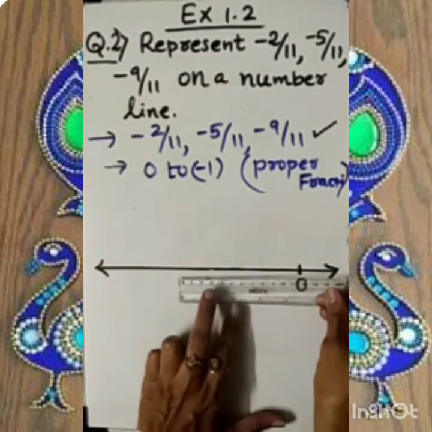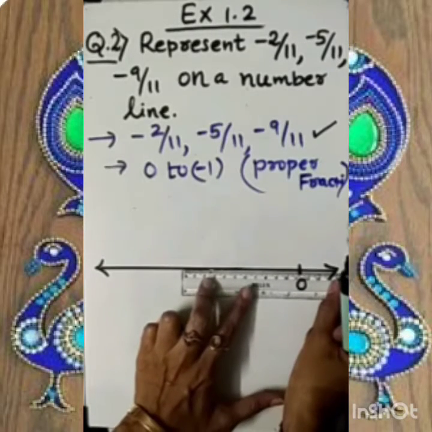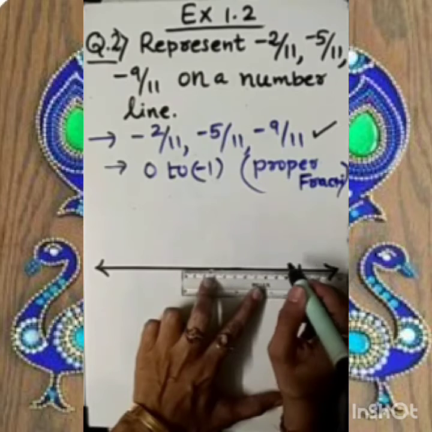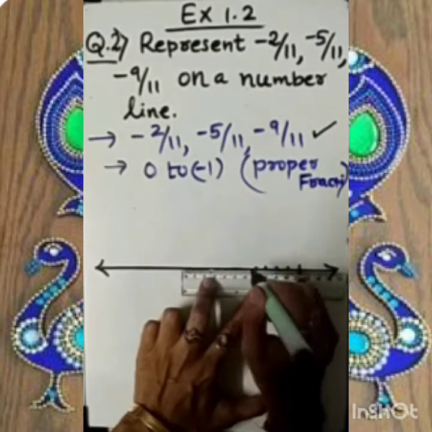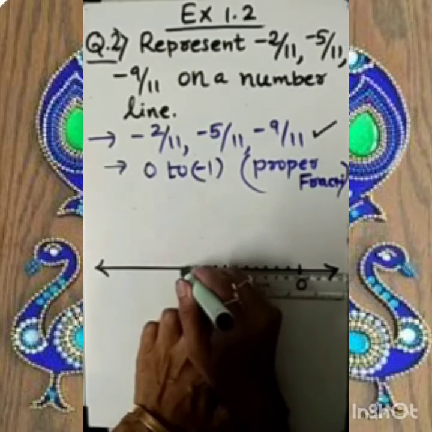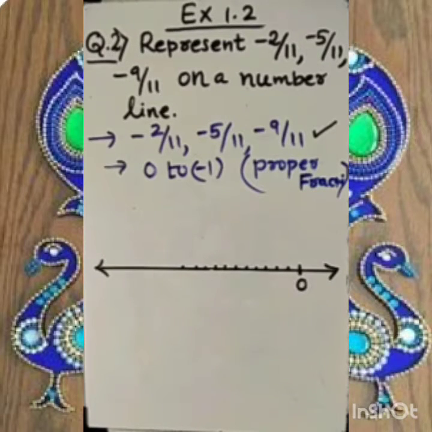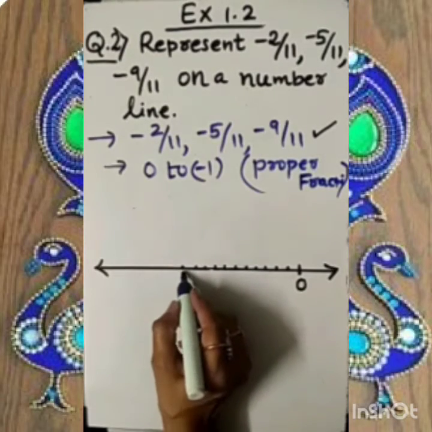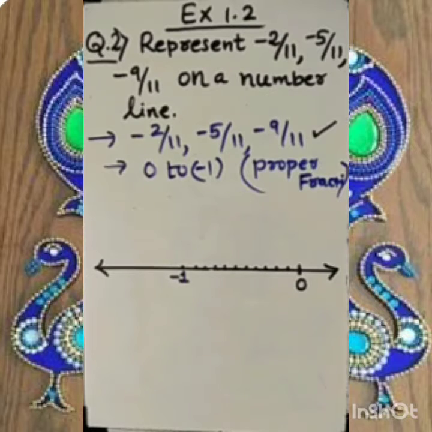So I am starting from here, and this time I am taking 1 centimeter as one unit. This is first, second, third, fourth, fifth, sixth, seventh, eighth, ninth, tenth, and this will be 11. Okay, which is quite easy. So, total 11 parts I have marked, and I got -11/11, that is -1. Right.